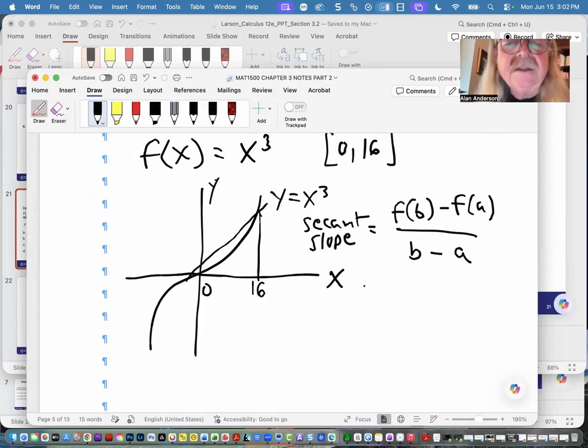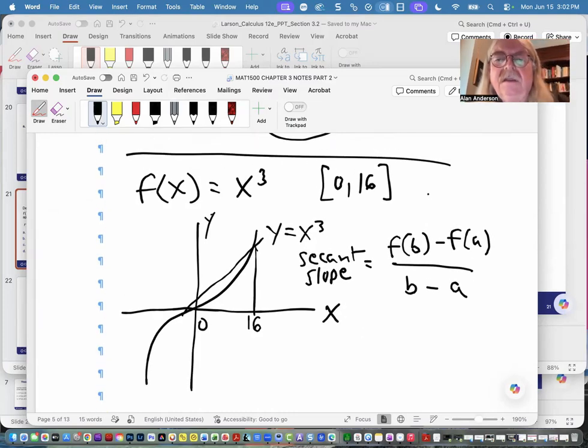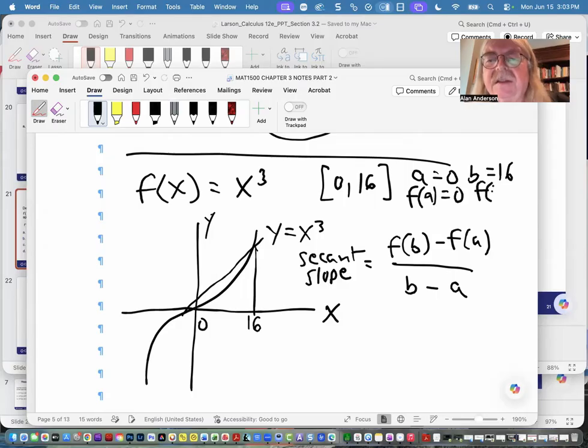Now, since A is 0 and B is 16, f of A would be 0 cubed, which is just 0. F of B is 16 cubed. Wow, that's a big number. 16 cubed, 4096.